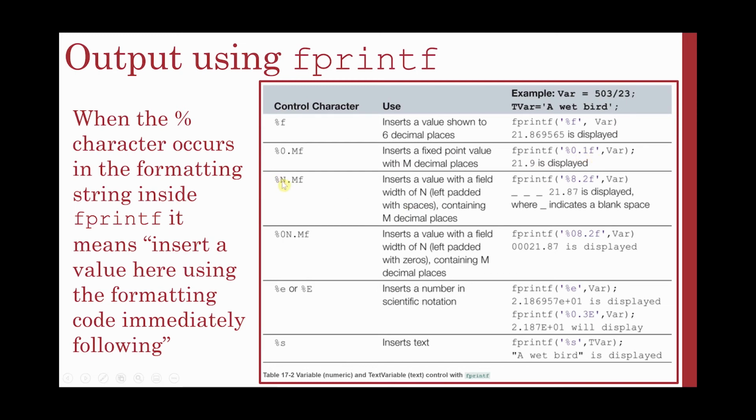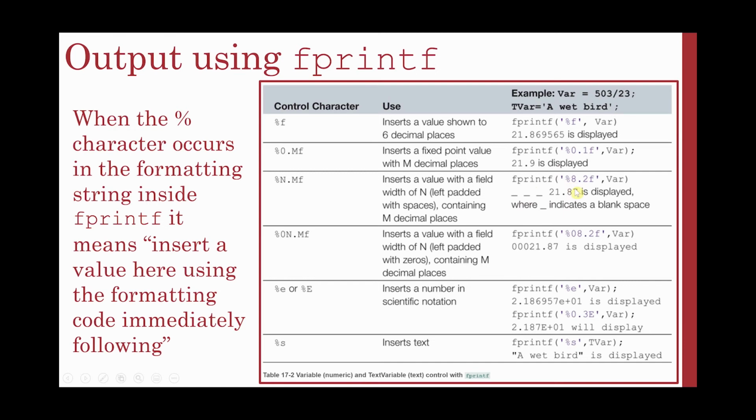If I do %n.mf, it's going to insert a field with width of n spaces before your variable containing m decimal places. So this is displaying 8 spaces before the variable is displayed to the 2 decimal places that we described.